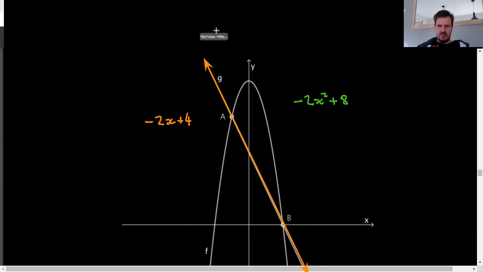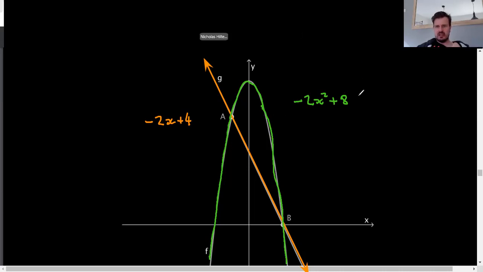Where A and B are, those are where the graphs are equal to each other. Okay, so where green equals orange, we can just make green equal orange.